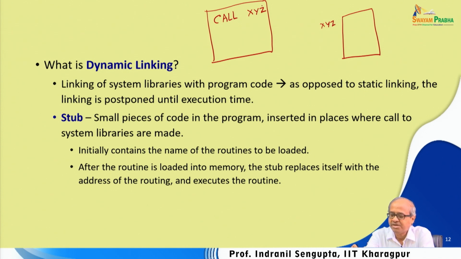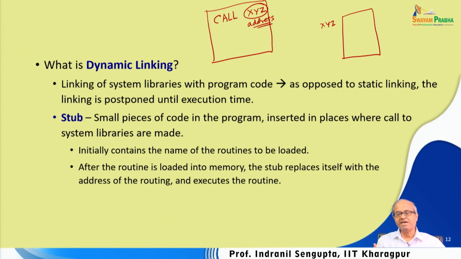So, in this code, instead of XYZ, the address of that XYZ has to be stored somehow. How do you know where that address is? This process is called linking. I want to link a function with the calling program. For call XYZ, the address of XYZ has to be put in place of XYZ, so that I can directly call by mentioning that address.